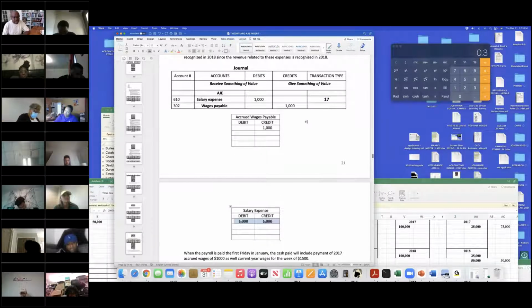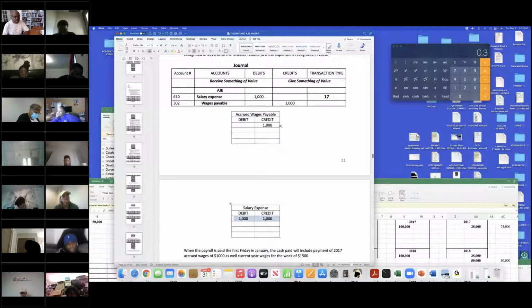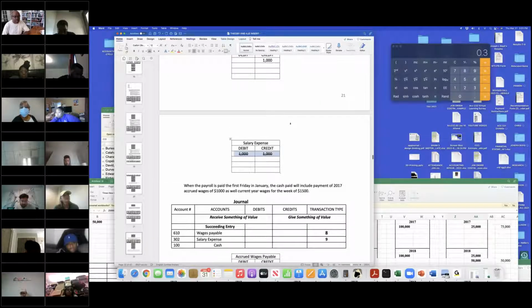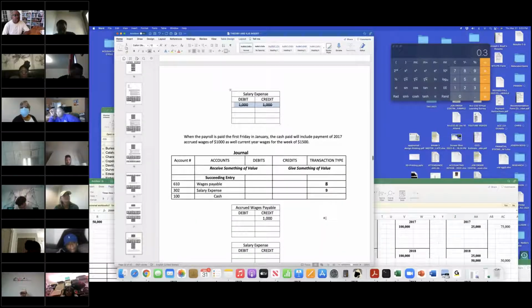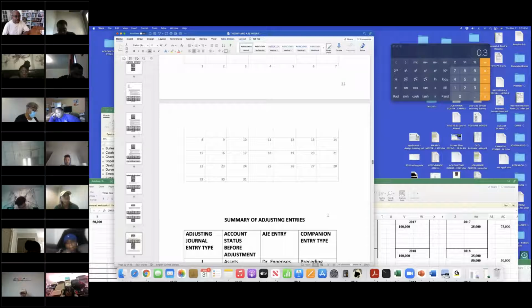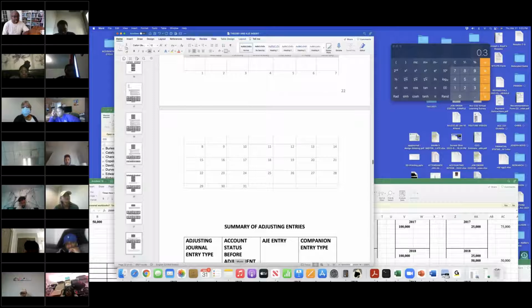Remember, we always pay accruals after the AJE. So when we get ready to pay those wages in January, we're going to have right here the first, the second, and the third. And we're going to pay on the third.